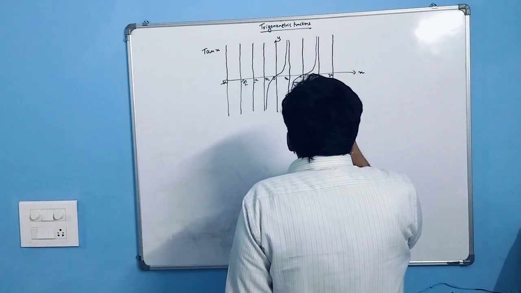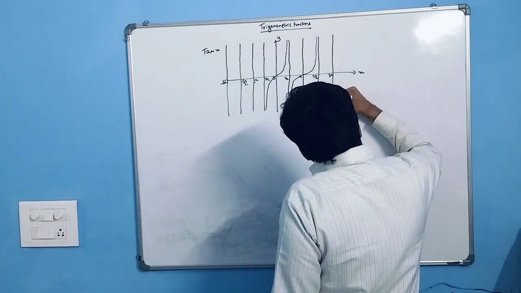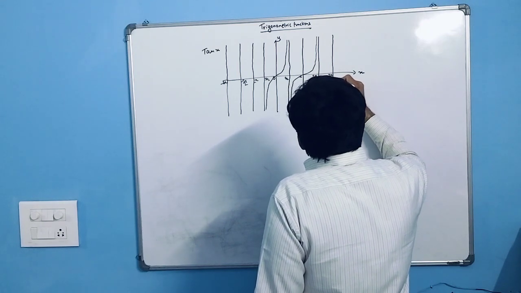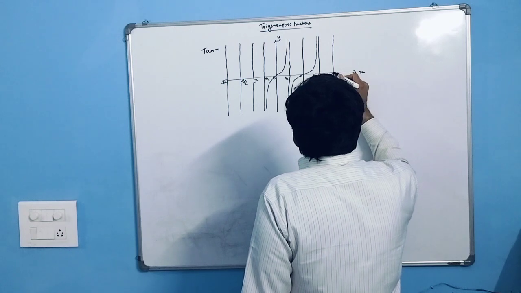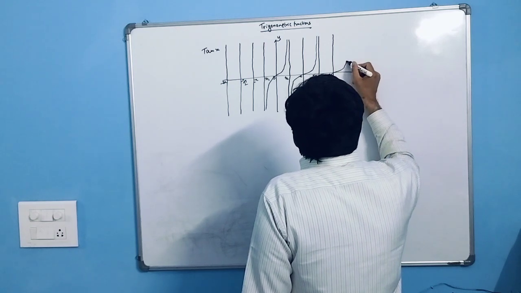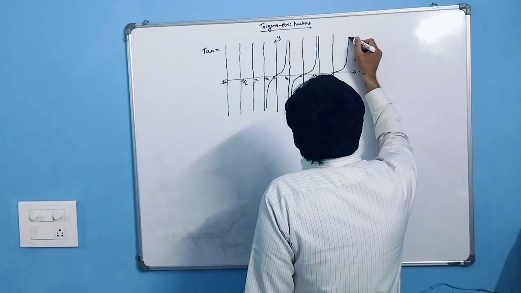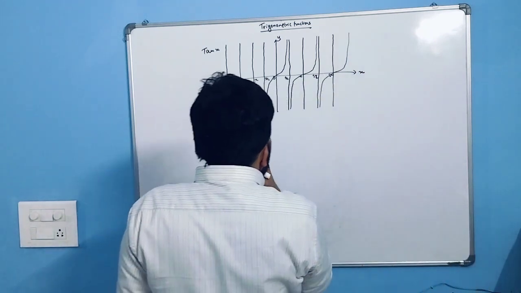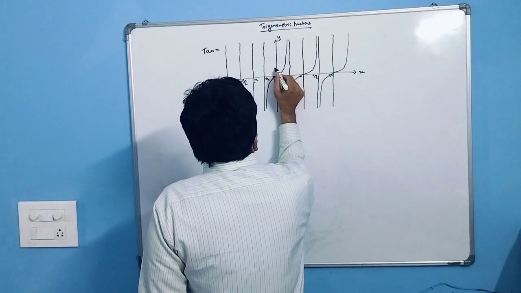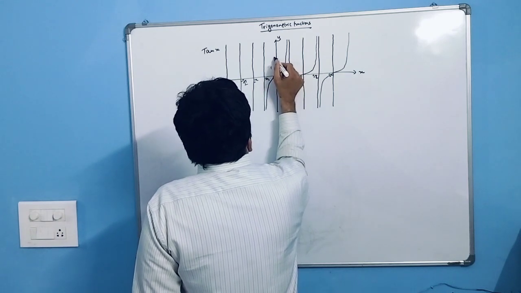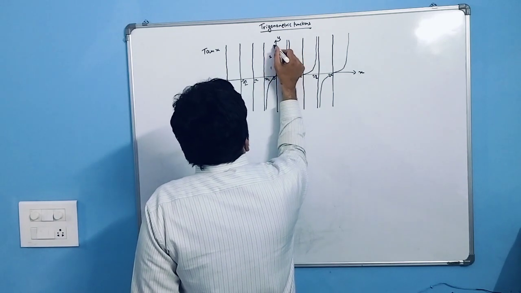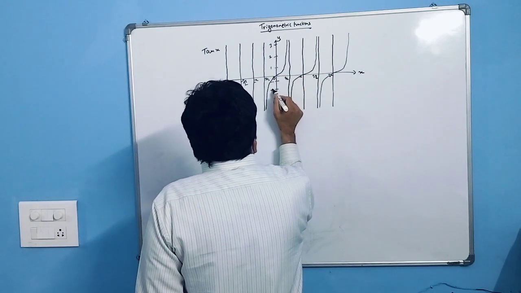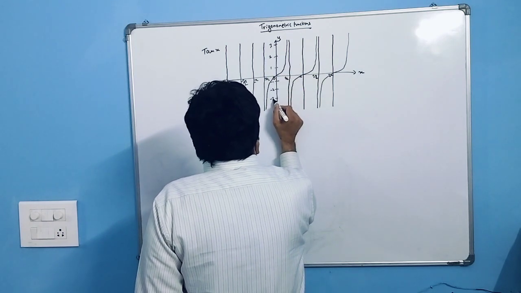Okay, now the next one will be like this. Something like this. Okay, so that is the value of tan varies. Okay, minus 1, minus 2, minus 3.